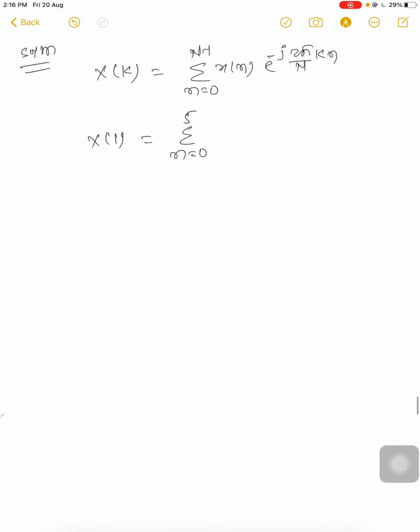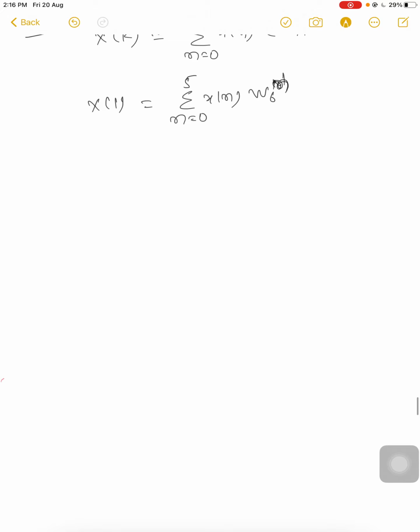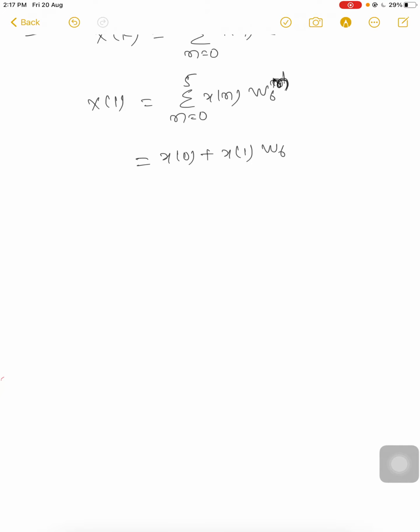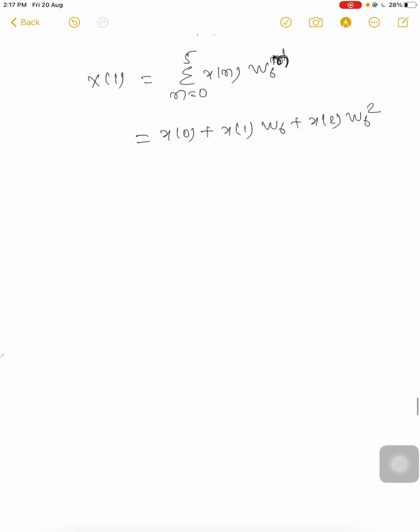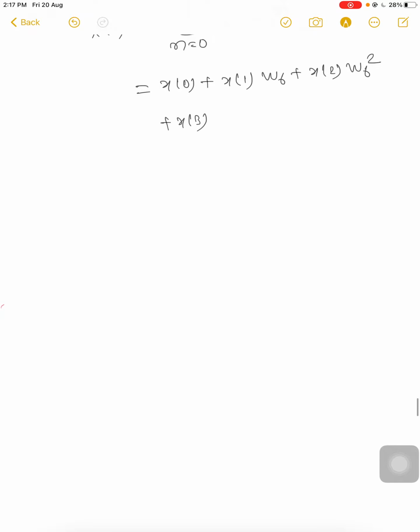Summation of n equal to 0, here it is 6-point, so it will go up to 5, of x[n] W6 to the power n. So here it will be x0 plus x1 W6 (n equal to 1), plus x2 W6 squared, plus x3 W6 cubed, plus x4 W6 to the 4, plus x5 W6 to the 5.